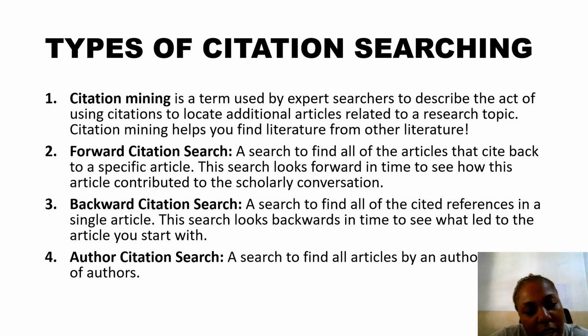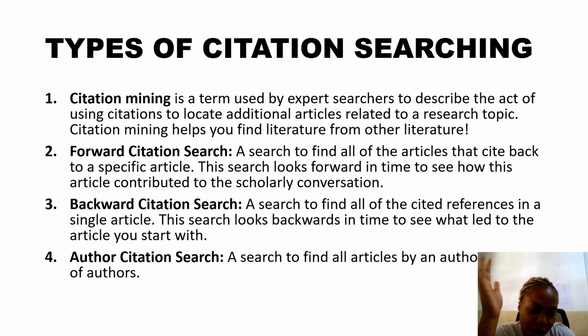There are two types of citation mining: forward citation mining and backward citation mining. Forward citation mining means, for that author, let's say Tom, you found the paper he wrote in 2017, and you want to know, from 2017 up to now, did he write another paper that maybe interested you a lot?